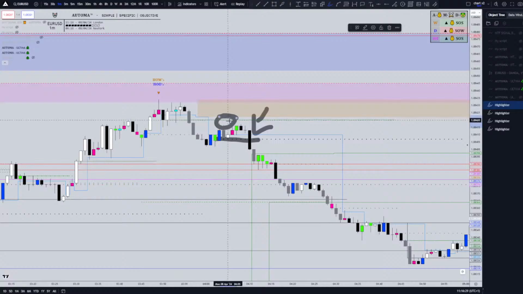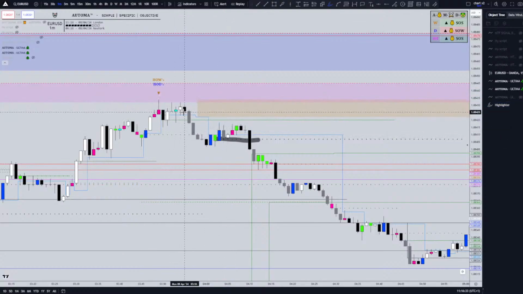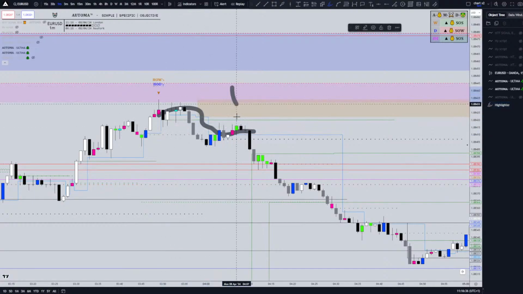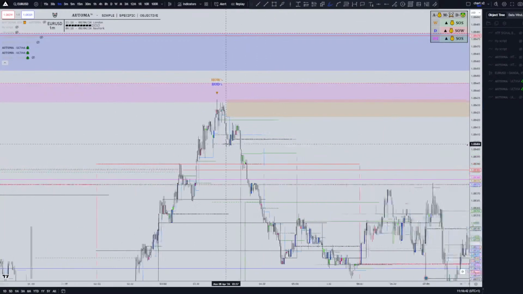High of the hour, high of the 4, multi-time frame order flow, right? Beautiful. Power index supports the lower prices. 1 bar entry. Off you go.